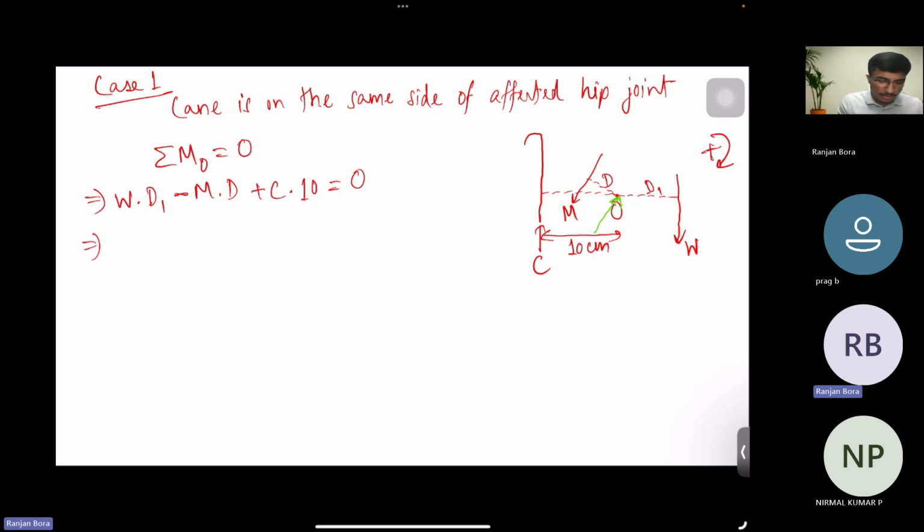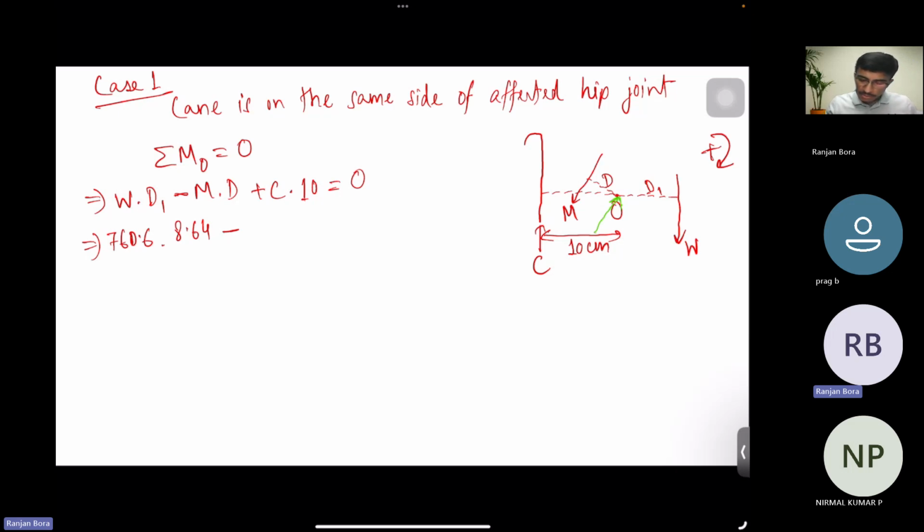Now I will put the values. W is given, W is 760.6, sorry, 760.6 dot D1. D1 is 8.64 minus.